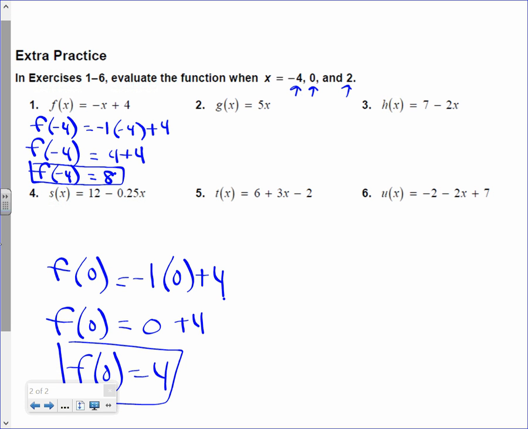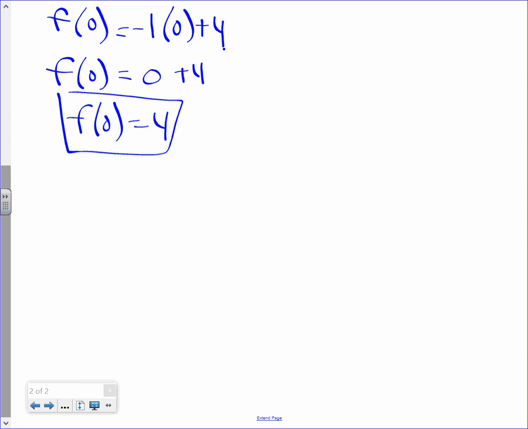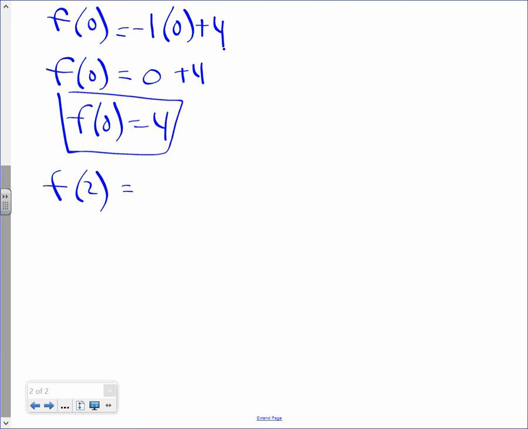So look at what we've done. We've evaluated this function when x is negative 4. Check. We've evaluated the function when x is 0. Check. Let's evaluate the function when x is 2 now. The function at 2 is equal to, I'm going to rewrite the function now, negative x, that's negative 1 times x, plus 4.